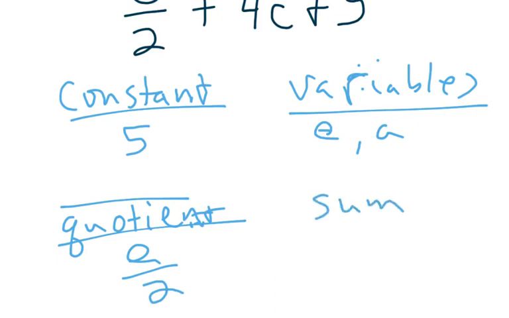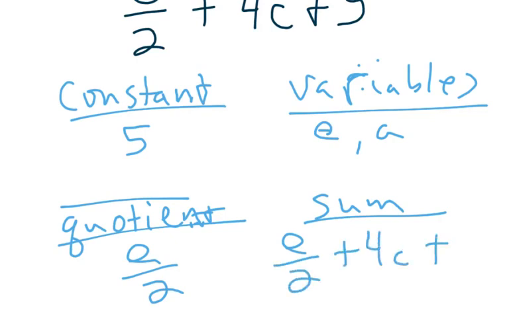And then we have a summation of E over 2 plus 4C plus 5. So they may ask you to identify these, like what's one of the variables. Oh, and our variables are not E and A, they're E and C. And these are different parts of algebraic expressions.